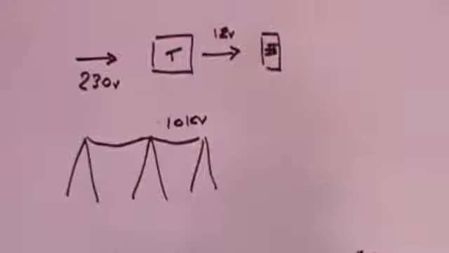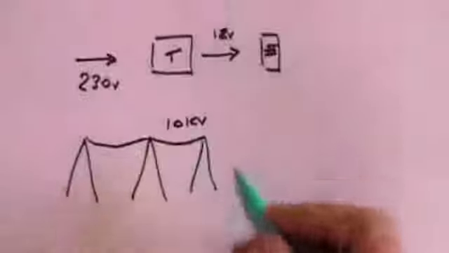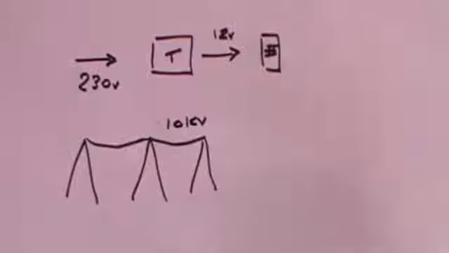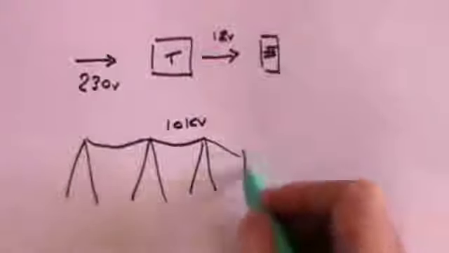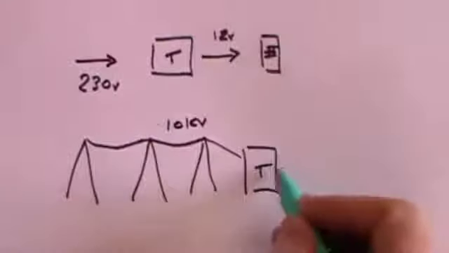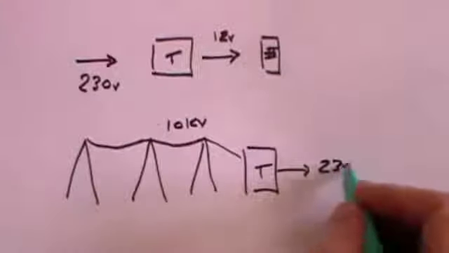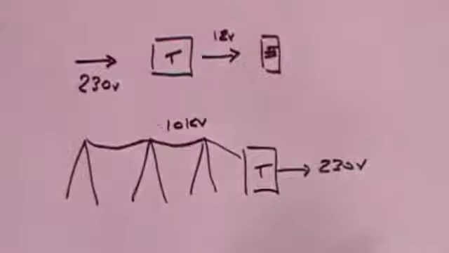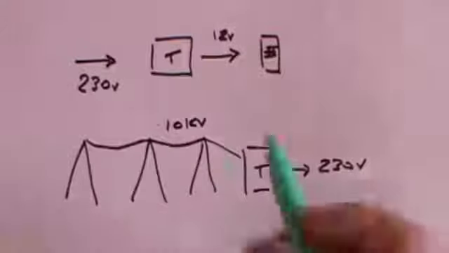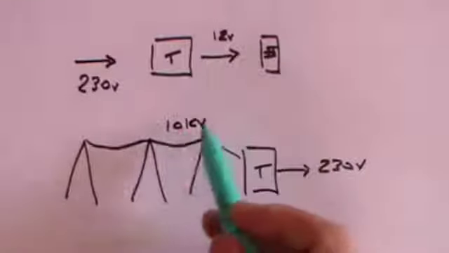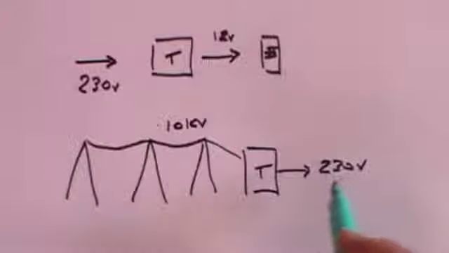I'll tell you why in a minute. But you don't want 10,000 volts being fed through to your home, so that needs to go through a transformer that will deliver 230 volts, which is what you want for your domestic supply. So again, you need to step down from 10,000 volts to 230 volts. How do you do that?